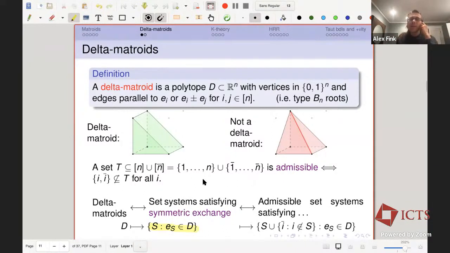But it's sometimes useful to also throw in extra elements, 1 bar through n bar, sort of representing elements which are not present in my set, right? So if I have a set like 1, 2, maybe if n equals 3, I can represent it as 1 and 2 and 3 bar to encode that 3 is absent. So we get what's called an admissible set. And for some of the combinatorics, it's useful to keep track of these admissible sets. These are 2 very closely related ways to see these as set systems as well.